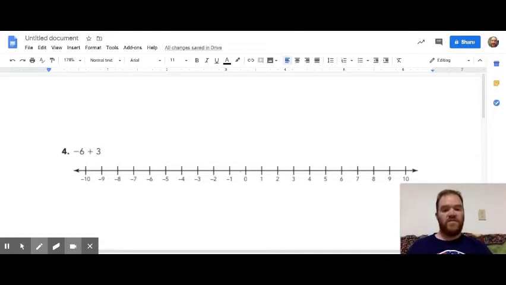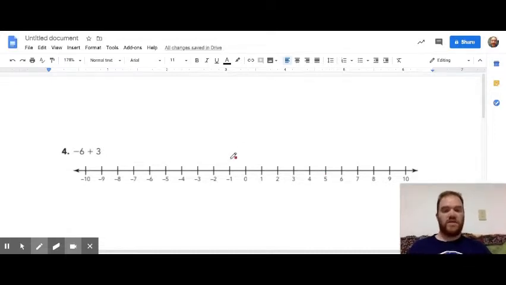So if you did a problem like 2 plus 3, you started at 0, you went to 2, and then you added 3, and you would have ended up at 5. You counted up 1, 2, 3, and got 5. So 2 plus 3 is 5.